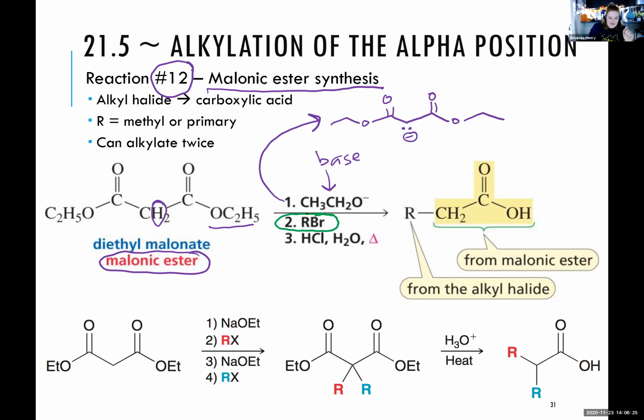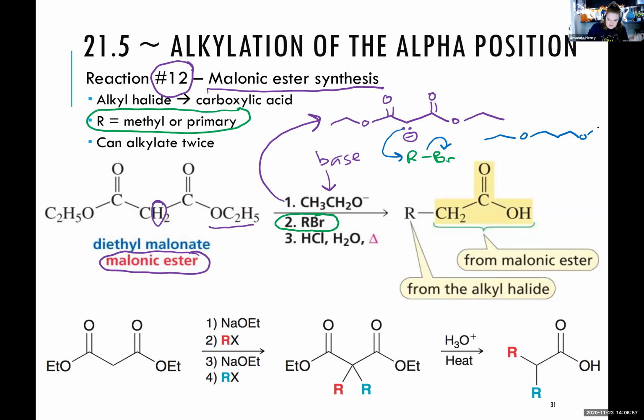And even with that, our alkyl group has to be a methyl or a primary because we're going to do an SN2 reaction on this. We're doing a nucleophilic attack, loss of a leaving group. The malonic ester is already pretty big and bulky, so we need to use something fairly small, methyl or primary. And so at this point, after step number 2, we have our double ester.